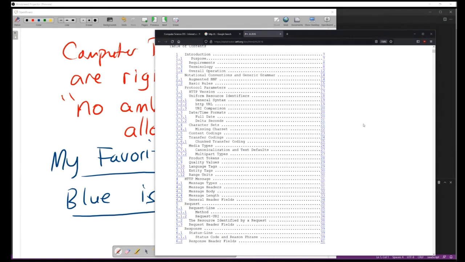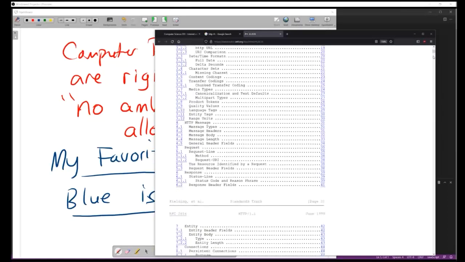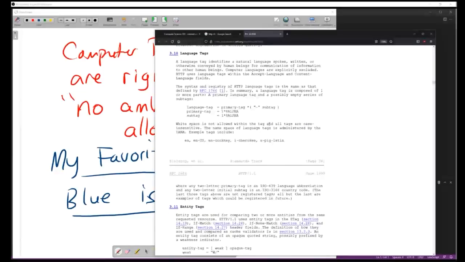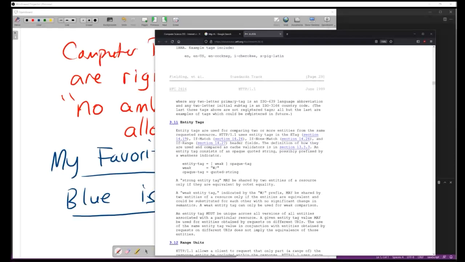Now you don't need to know in detail about a specific protocol's RFC unless you're building tools related to that protocol. For instance, for HTTP, maybe you're building a web browser. If you're building a web browser, then you need to support the HTTP protocol.